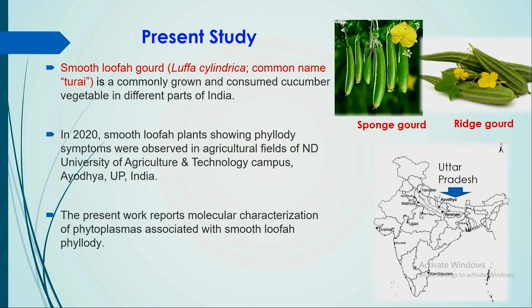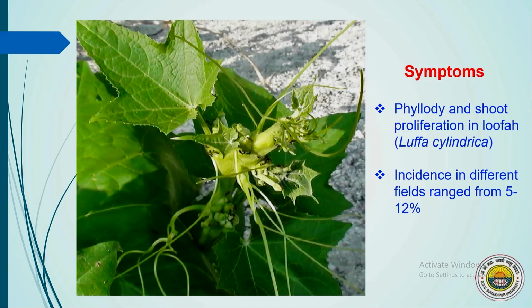We attempted identification of phytoplasma. We extracted DNA. Please see the symptoms. We recorded phyllody and flat stem, and witches' broom symptoms in most of the grown plants of Luffa cylindrica in the fields of the university.